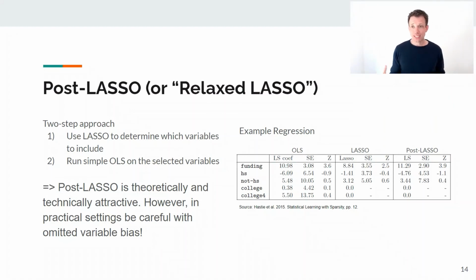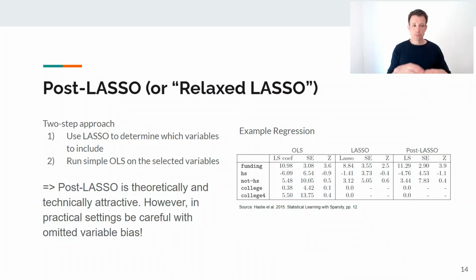Well, in practical settings, as we have discussed, you should be careful, because if the theoretical conditions are not fulfilled, it is likely that you're not recovering the true set of variables, and that you are thereby introducing omitted variable bias, which is an issue when you want to interpret your coefficients in a causal manner.